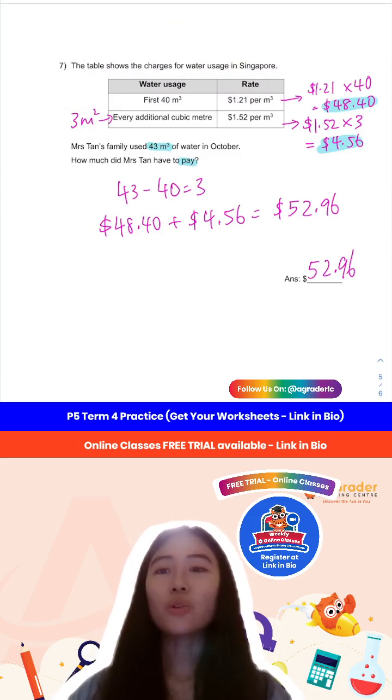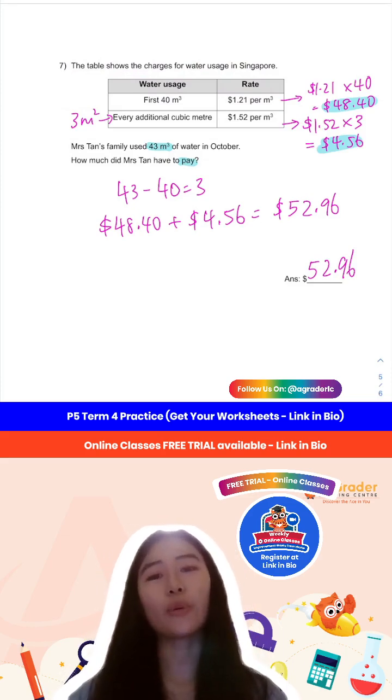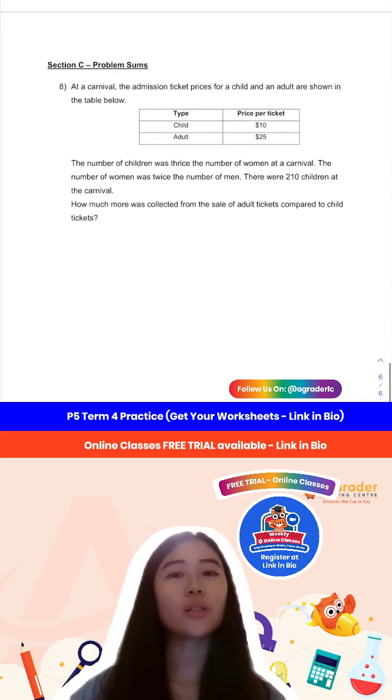Okay, so very good. We are just left with one problem sum. Then we can do Kahoot. So let's take a look at the problem sum now. This is the question. Let me read it for you. At a carnival, the admission ticket prices for a child and an adult are shown in the table here. So a child ticket is $10, an adult ticket is $25.